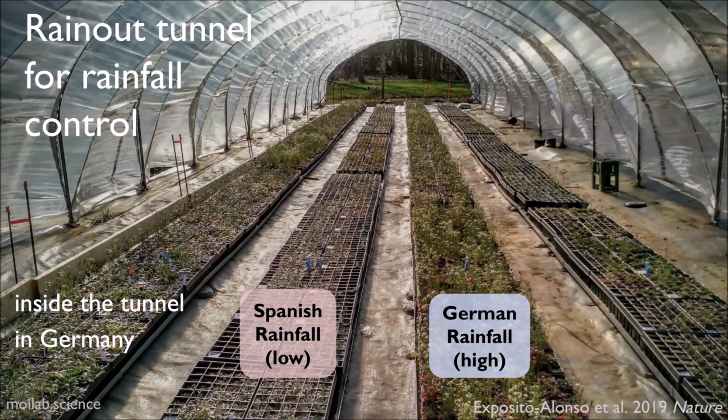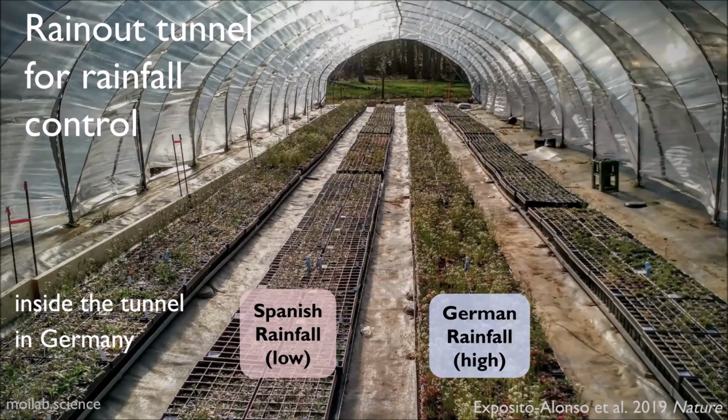On top of that, under these foil tunnels, which only excluded rainfall, temperature was roughly similar to outside because they were open. We could also impose a low regime of precipitation and a high regime of precipitation, simulating Spanish and German rainfall in all factorial combinations in the two locations.